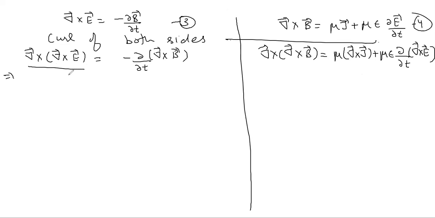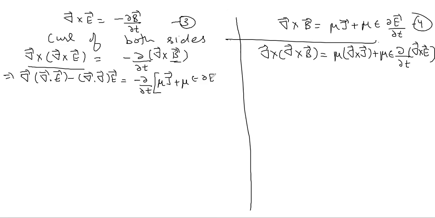The vector triple product here, if you apply BAC minus CAB, you get del dot E minus del dot del E minus curly by curly T. As we did for free space, plug in the value of del cross B from equation number 4. Equation number 4 tells you the value of del cross B, so that we have everything in terms of electric field. Do the similar for this equation also.